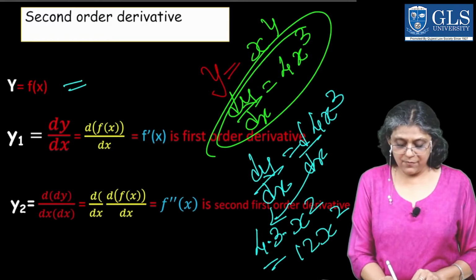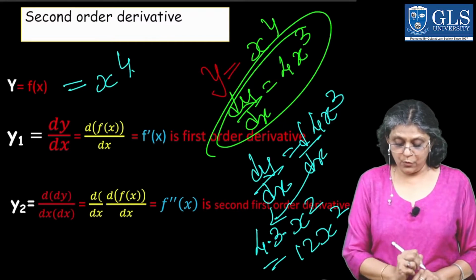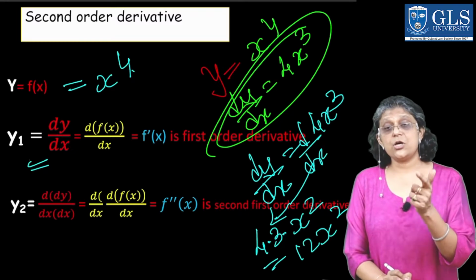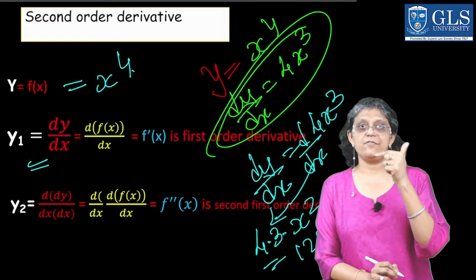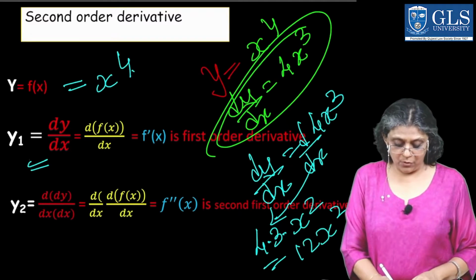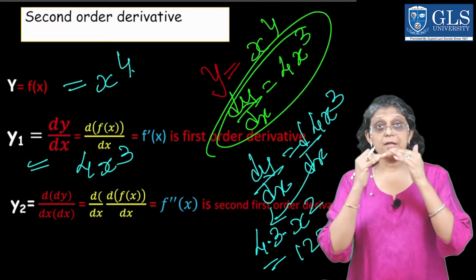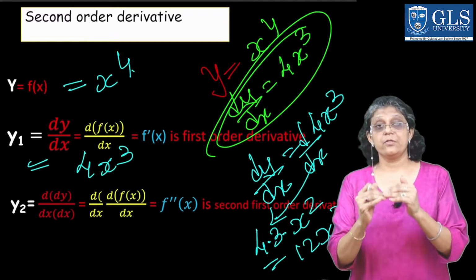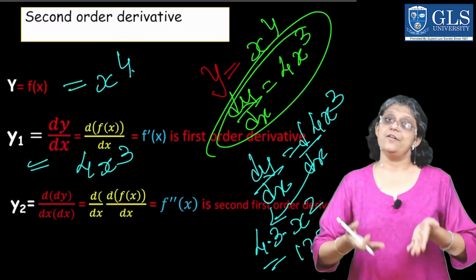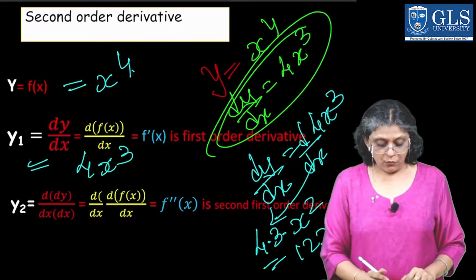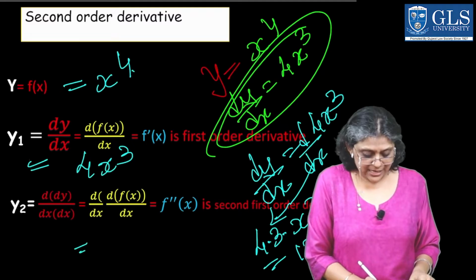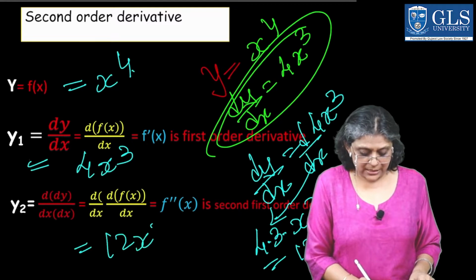So when y was x raised to 4, the first time I take the derivative, my answer was 4 into x raised to 3. The same sum, the first order derivative, if I differentiate it again, what do I get? I get 12x square.